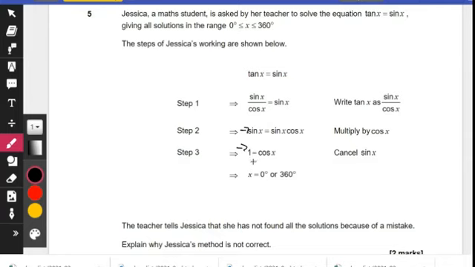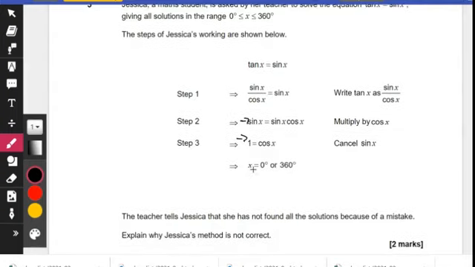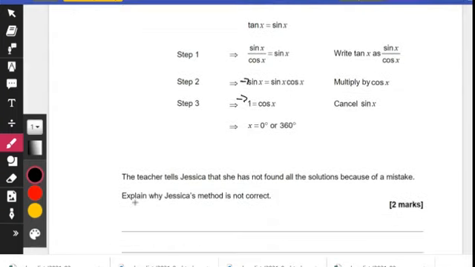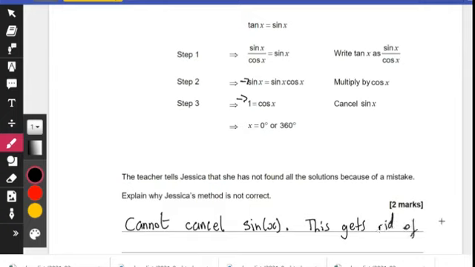By doing that, she's actually gotten rid of solutions. So you cannot cancel sin x. This gets rid of solutions.